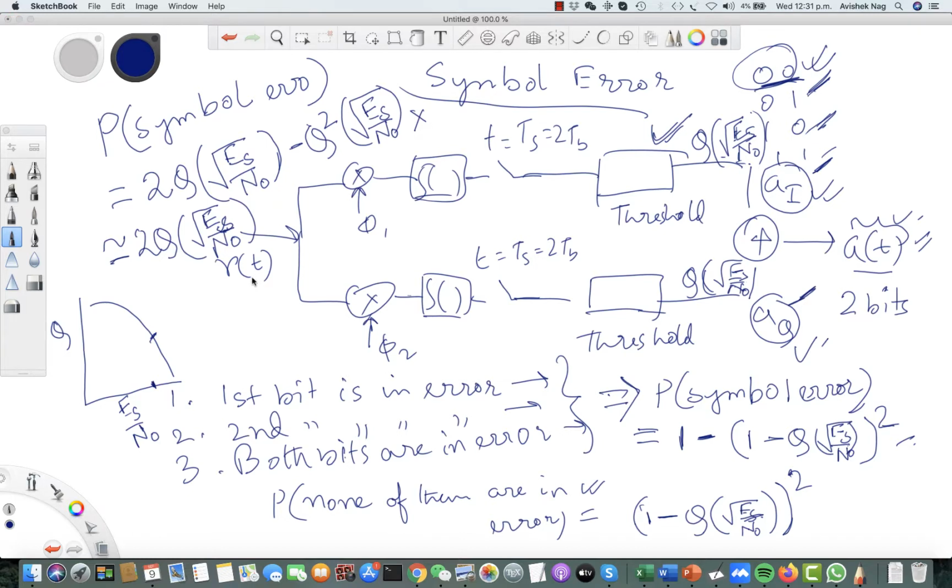So you can see that the probability of symbol error for QPSK is given by this, whereas the probability of bit error is given by just the Q function.